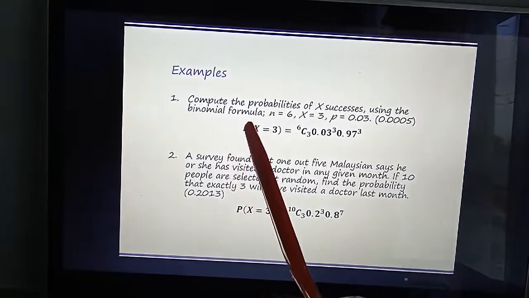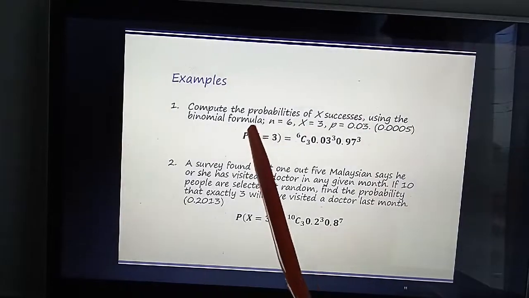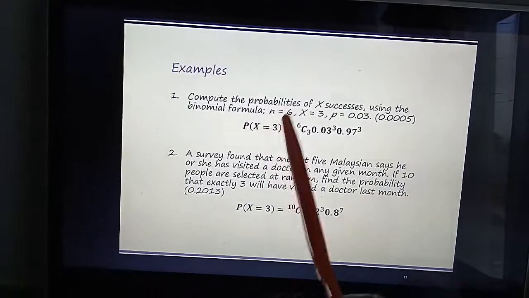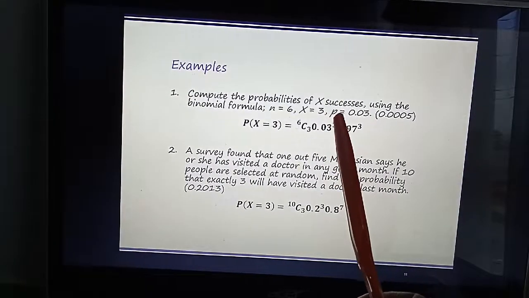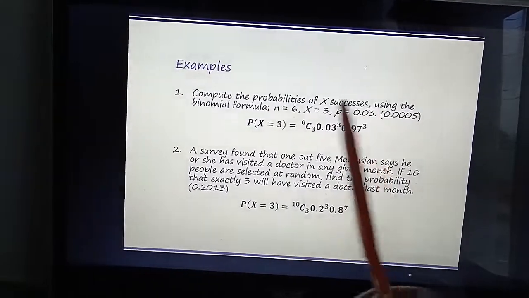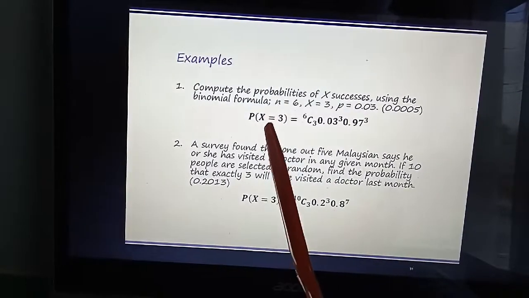Examples. Compute the probability of x successes using the binomial formula given n equals 6, x equals 3, and p, the probability of success, equal to 0.03. Now put in the formula given in the earlier slide.